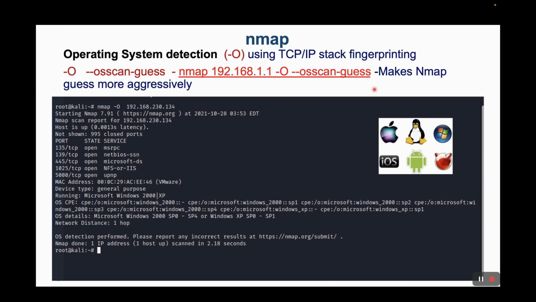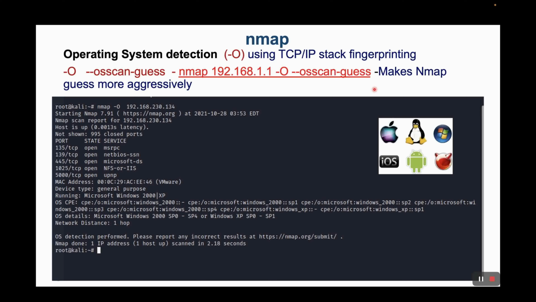Now, one thing to keep in mind when you do an operating system scan is that Nmap relies on fingerprints. And unlike people, the same fingerprint can match multiple operating systems. For example, in the case of Linux, the same kernel may be used across multiple distributions.